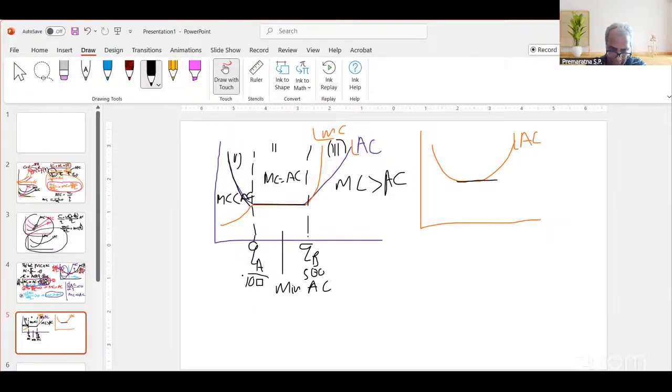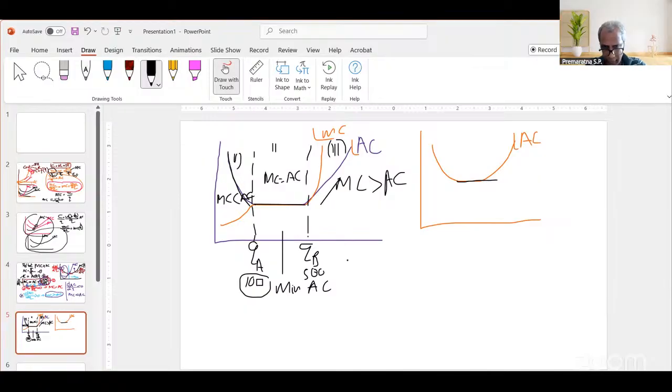Let's say until you expand to produce 100 units, unit cost goes down, after that it is constant, whatever you produce between 100 and 500. Then for more than 500, you have to expand further. Your firm becomes larger and larger, then unit cost starts to increase.